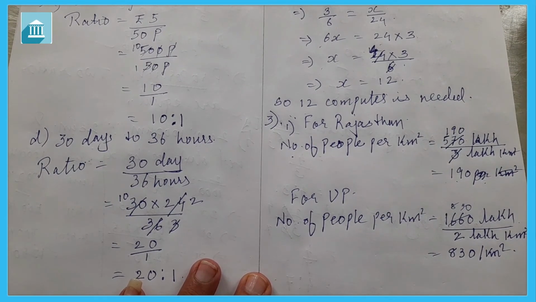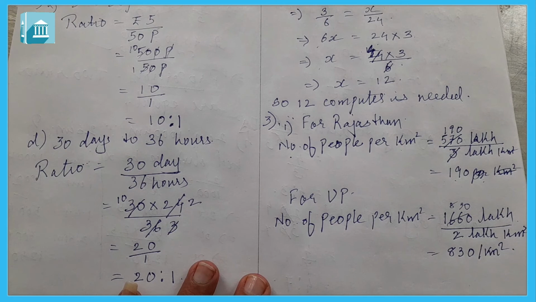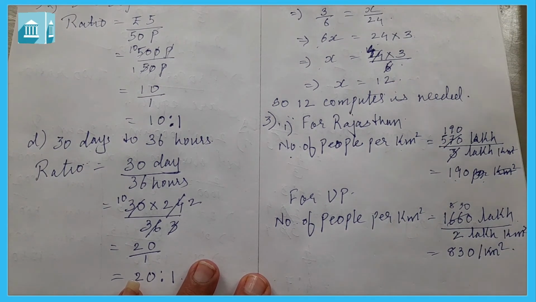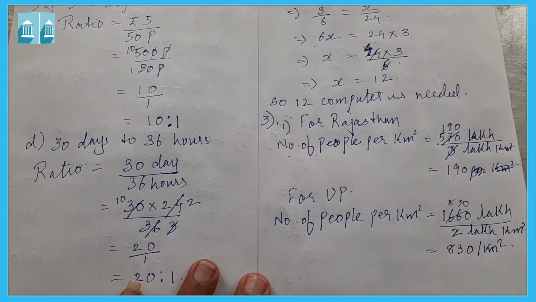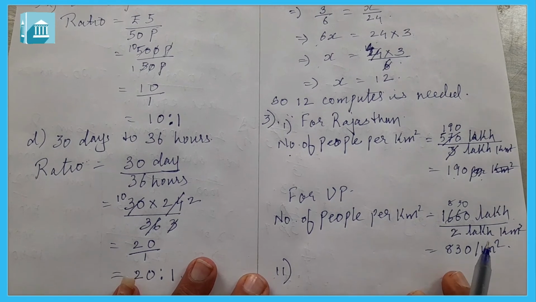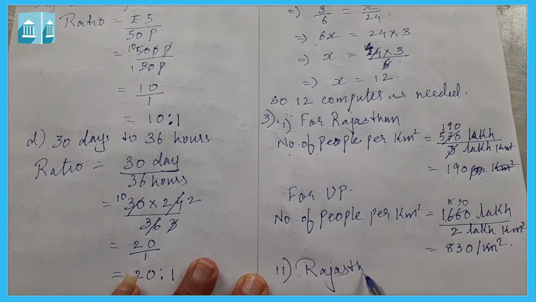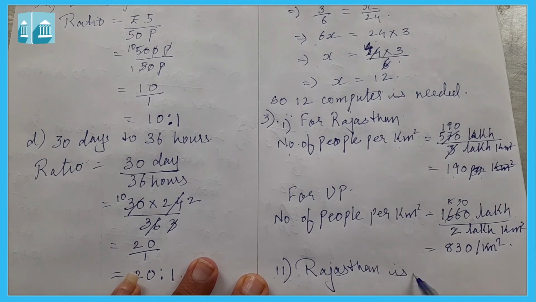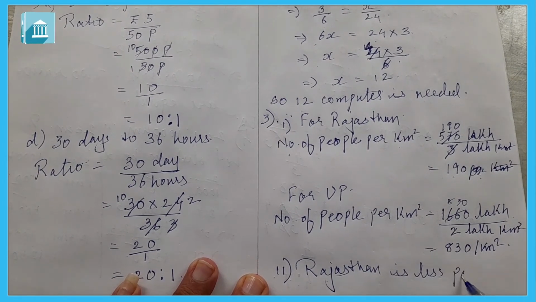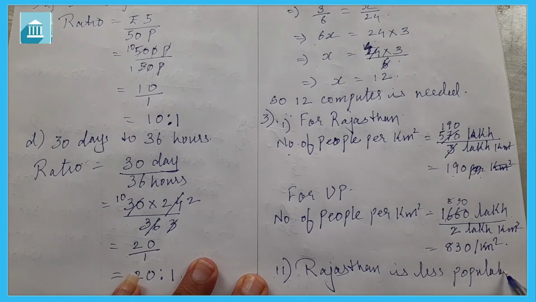Now it is asked in the question which state is less populated. So we have to see which state is less populated. Here in Rajasthan it is only 190, so we can say that Rajasthan is less populated.